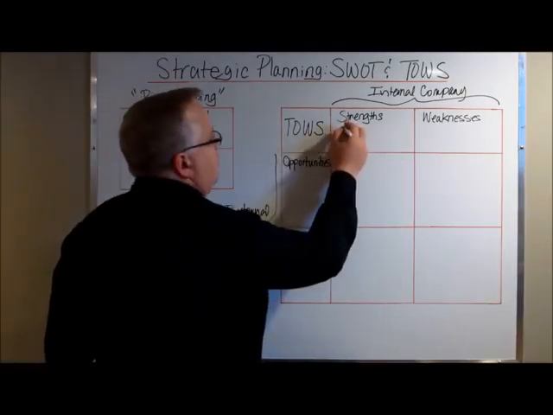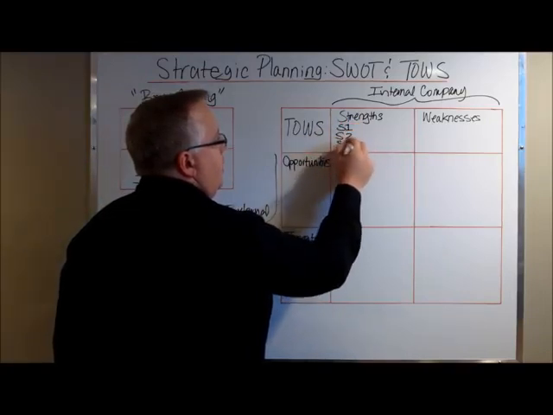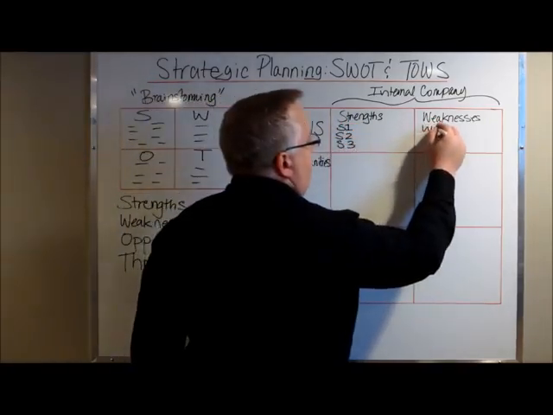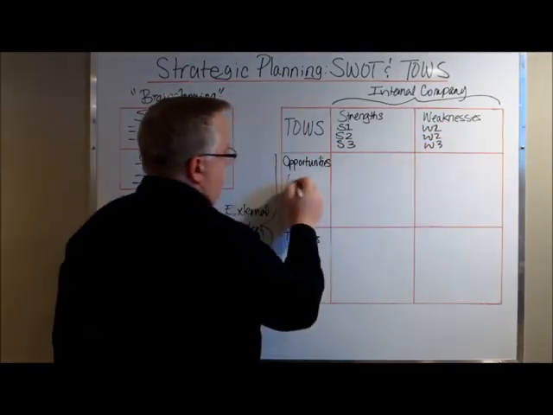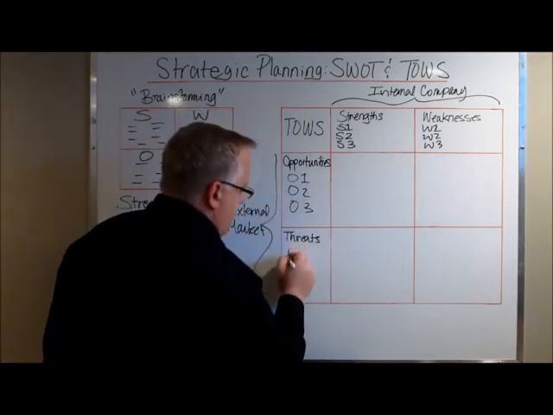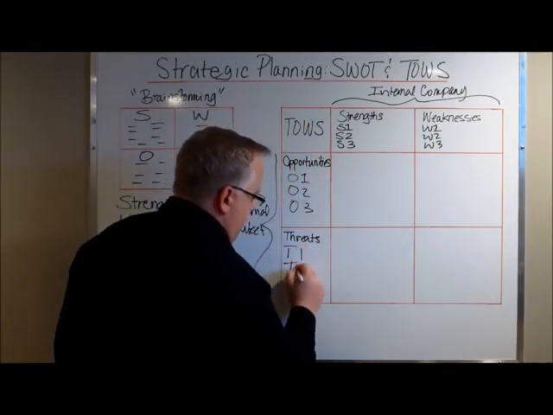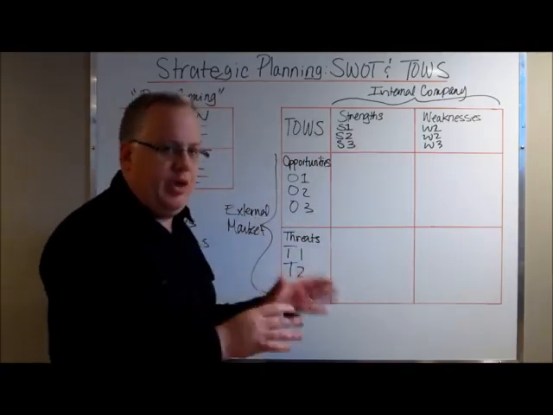So what you'll see often is an individual will start off with S1, S2, S3, W1, W2, W3, opportunity 1, opportunity 2, opportunity 3, threat 1, threat 2, and threat 3. Now you can go all the way up to 5, but try not to go beyond 5.